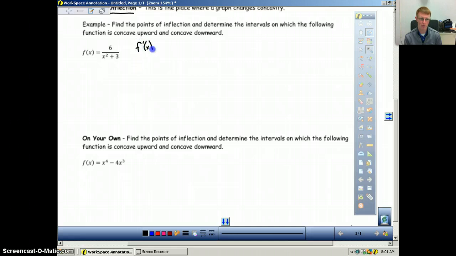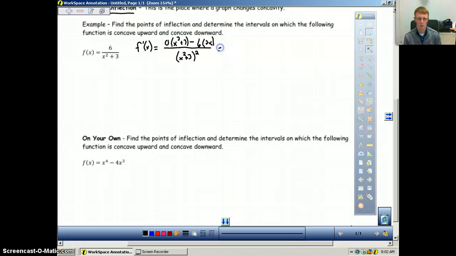It's going to have the quotient rule involved in it, but I don't want to rehash how to do the quotient rule. So we have 0 times x squared plus 3 minus 6 times 2x, and all of that is divided by x squared plus 3 to the second power.